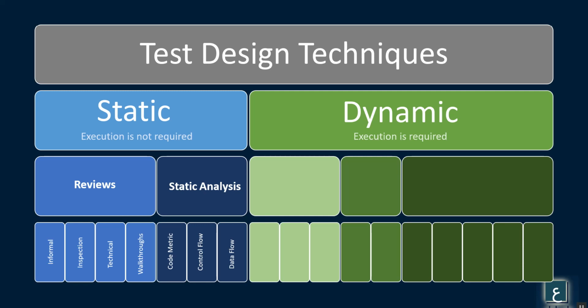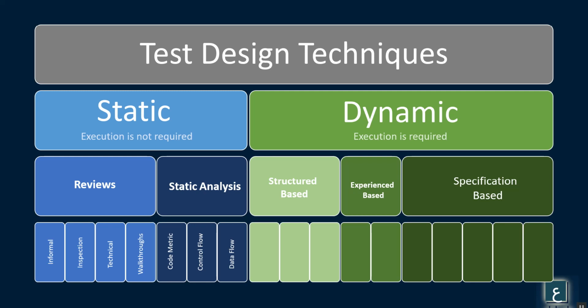Then we have dynamic design technique. In dynamic design technique we have the structure based, which is the white box testing. Then experience based, as you can see by its name, for this testing the experience is a must. Then we have specification based.